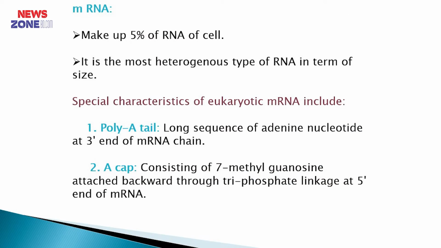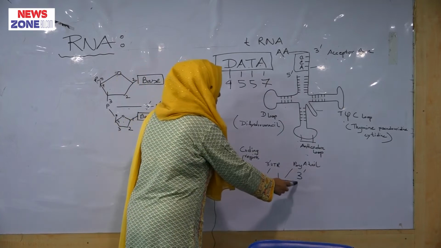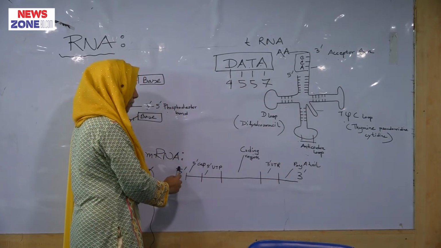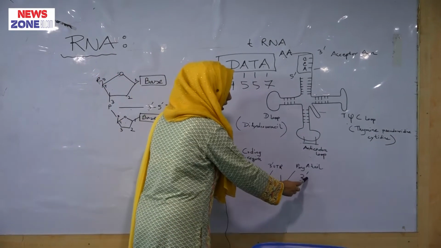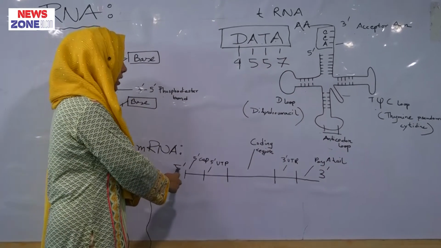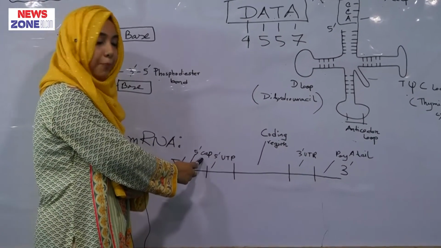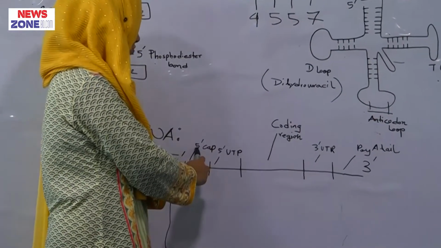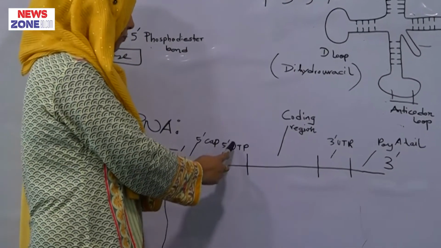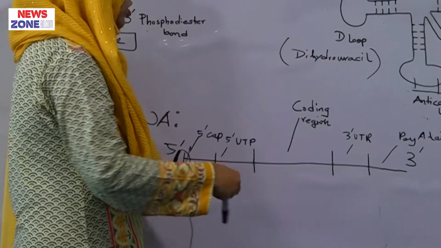mRNA makes up 5% of total RNA in a cell. It is the most heterogeneous type of RNA in terms of size. A eukaryotic mRNA is composed of parts: the 5' end and the 3' end. At the 5' end, there is a 5' cap, and after this 5' cap there is a 5' untranslated region.